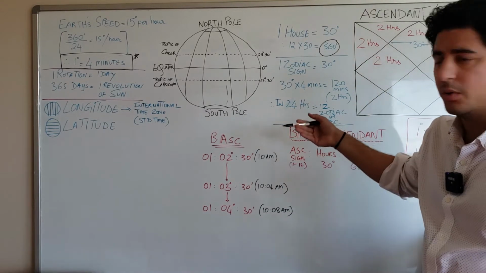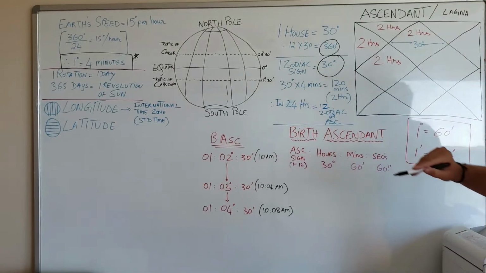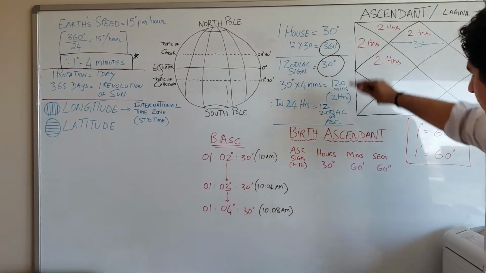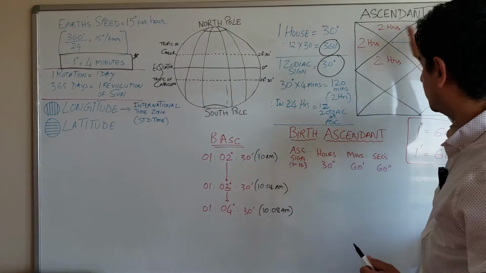And as we all know, one zodiac sign is also of 30 degrees, and to complete the entire 360 degree circle, it's going to take 24 hours for all the zodiacs to complete.